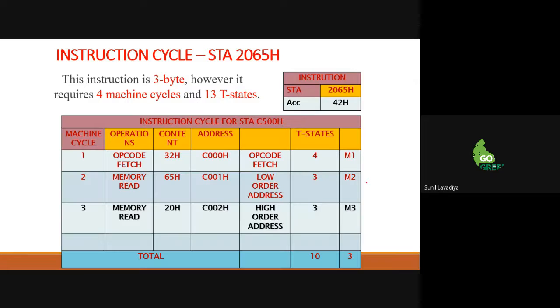Now the third one that we have to perform right now. Third machine cycle M3 works with the higher order address lines. The data that we have to transfer is 20 over here. So 20 comes here. The rest of the things are the same.